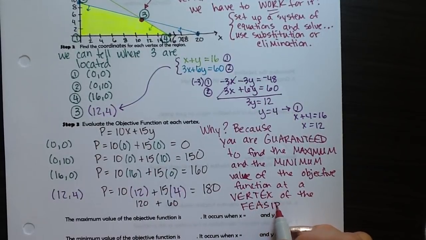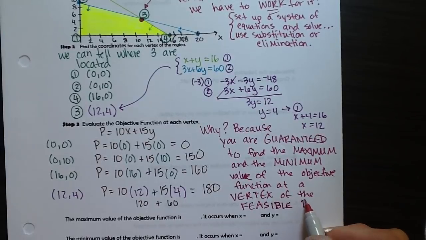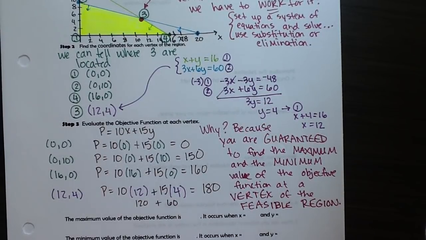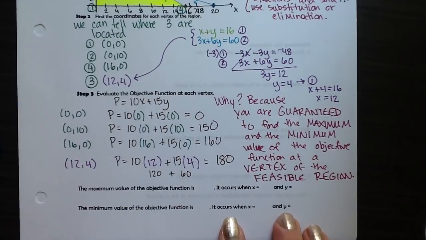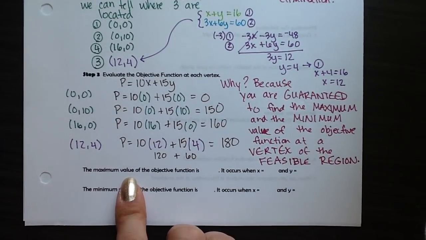So we don't have to plug in millions of points. We only have to plug in the vertices of the feasible region. So then we can make our statement.